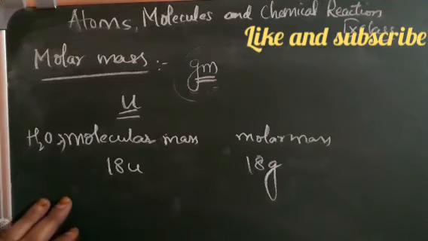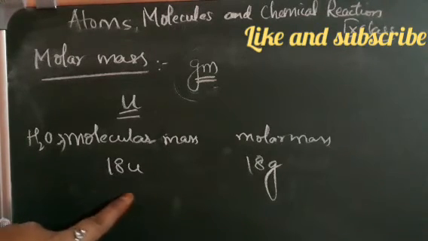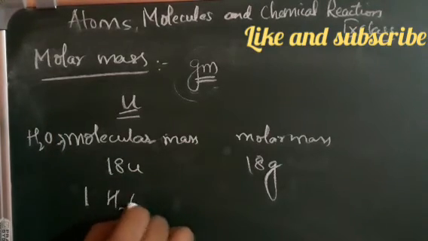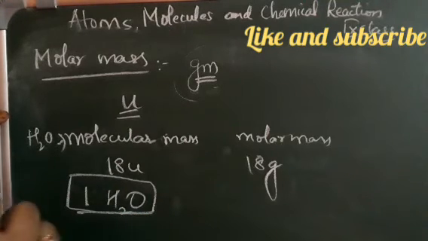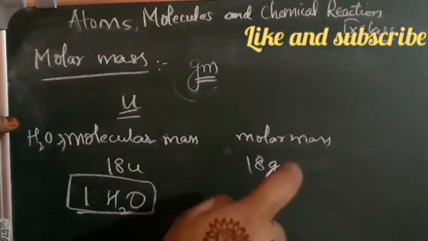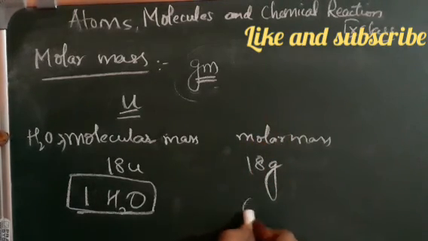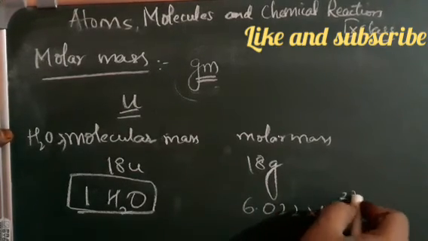But what is the difference here? 18 u, that is the molecular mass of water, is for only one molecule of water. Whereas 18 grams is 1 mole of water. So 1 mole is nothing but 6.022 into 10 to the power 23 molecules.